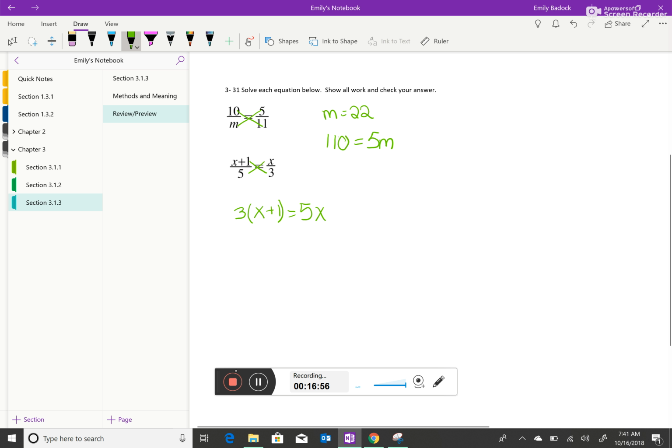So I'm going to start by distributing here, and I'm going to get 3x plus 3 equals 5x. I'm going to have 3 equals 2x after I subtract the 3x over. And then I'm going to divide by 2. So I'm going to have 3 over 2 equals x. So your x is going to equal 1.5, or 3 over 2.